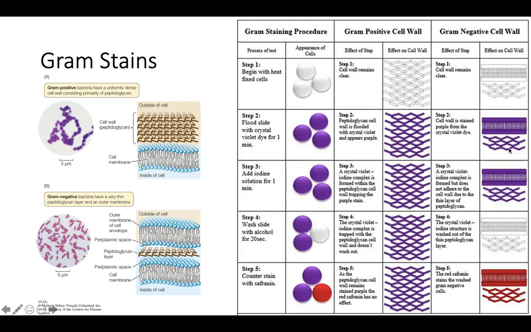So that's kind of a cool little walkthrough of that. So gram stains are very cool. Once again, purple for gram positives, pink for gram negatives. So gram stains allow you to see size, shape, arrangement, plus gram reaction, which is the most important step to diagnosing your patients.